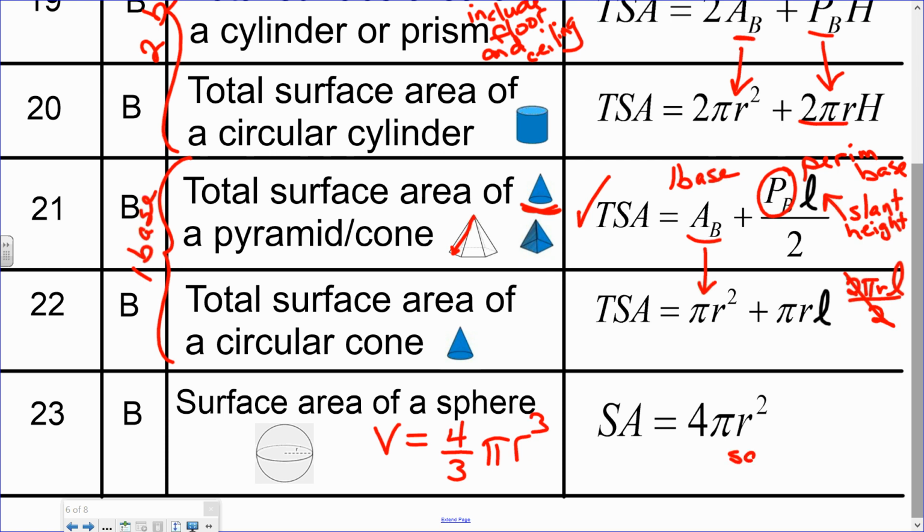Surface area is going to have square units, so the formula for a sphere that has a square in it is the surface area formula. Volume has cubic units, and the formula for the volume is the one that has the cube in it. If there is a 3, because one of them has 4/3 and the other just has 4, both of the 3's go in the same formula. So maybe those are some little things to help you keep those formulas straight.